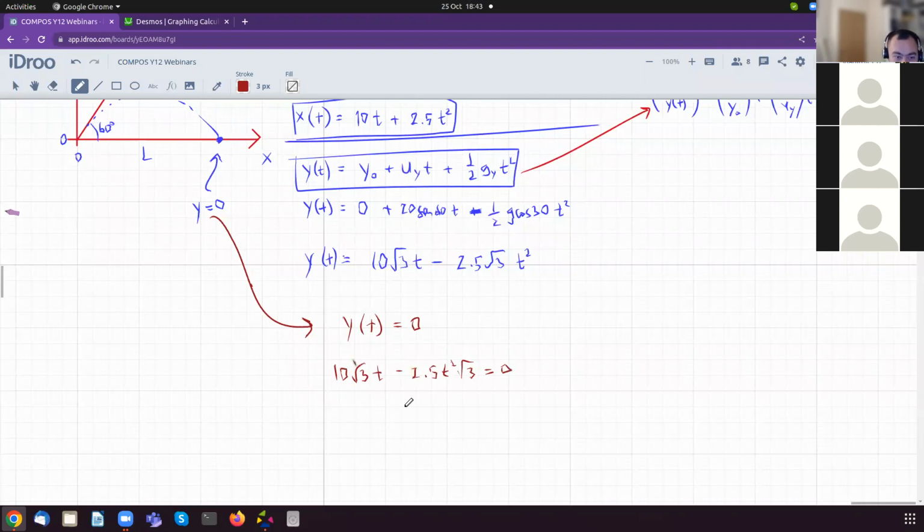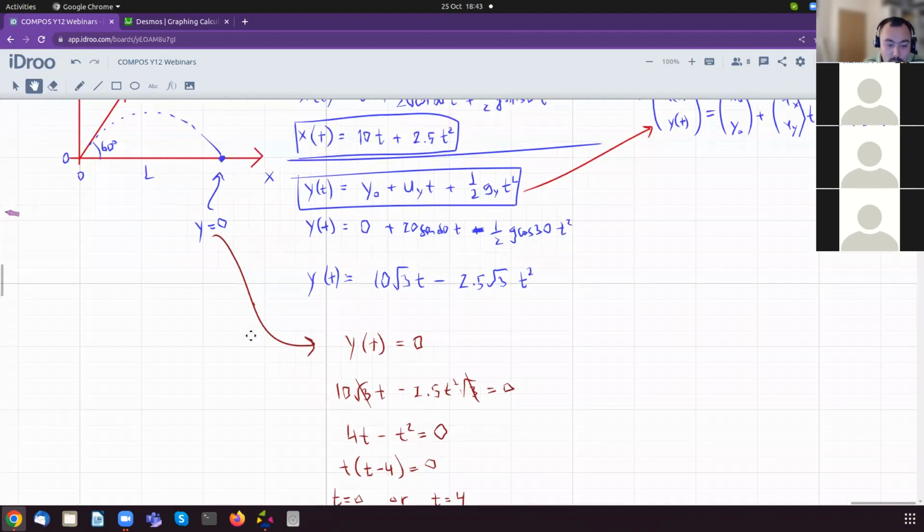So square root of 3 cancels by square root of 3. Divide by 2.5, that's 4. 4t minus t squared equals 0. t times (t minus 4) equals 0. So t equals 0 or t equals 4.